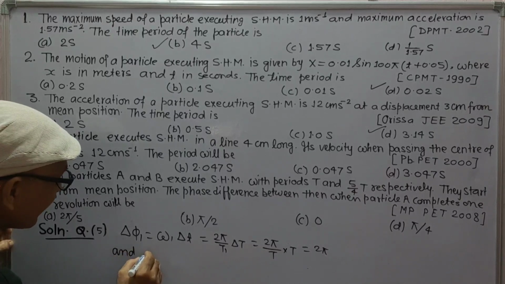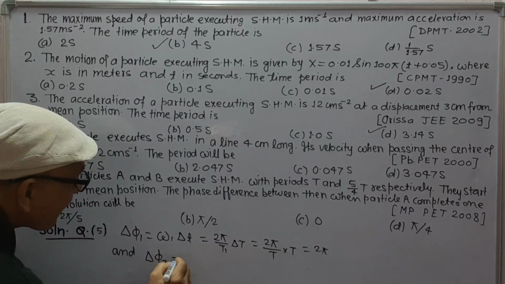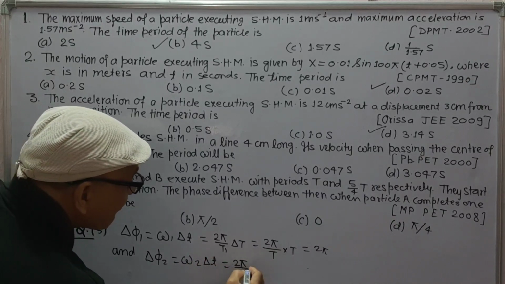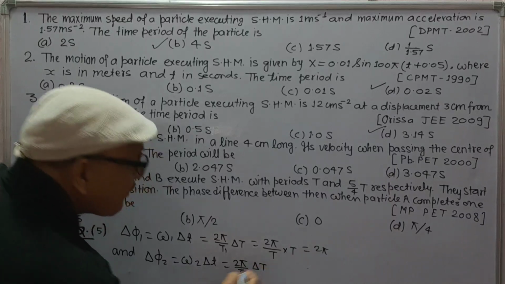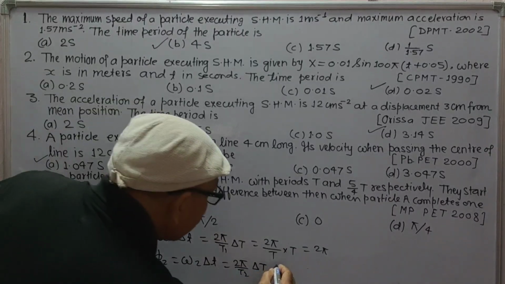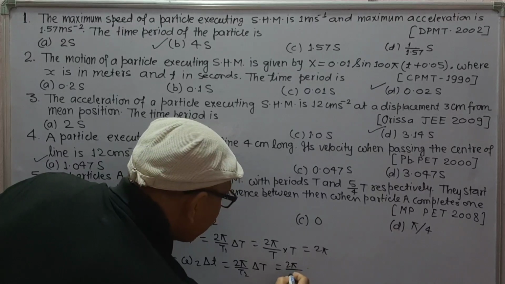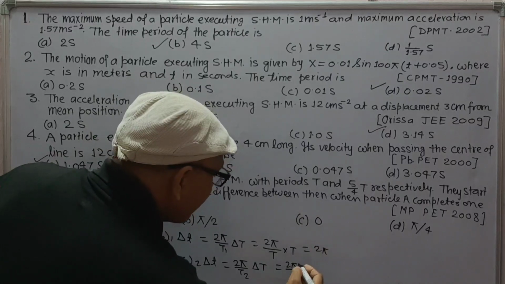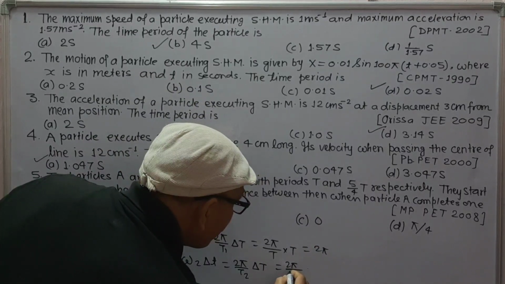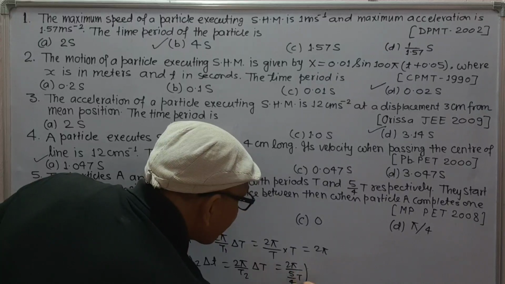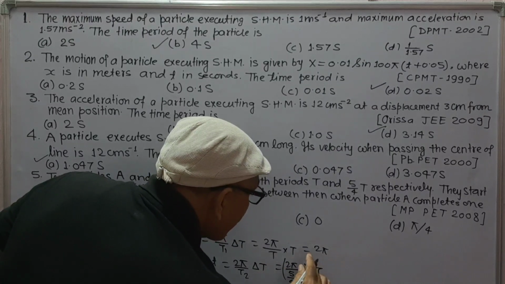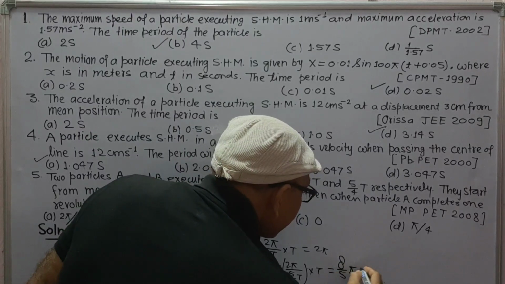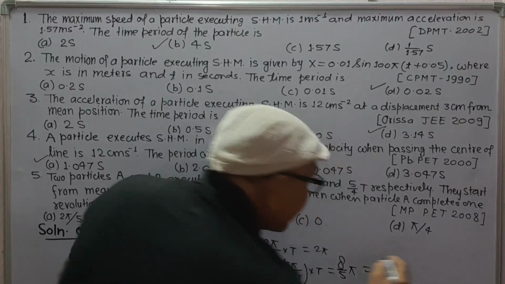And for particle B, delta phi 2 will be equal to omega 2 delta t. This is 2 pi upon T2 delta t. This is 2 pi upon T2 means 5 by 4 T, 5 by 4 T into T, which is 8 by 5 pi, which is 1.6 pi.